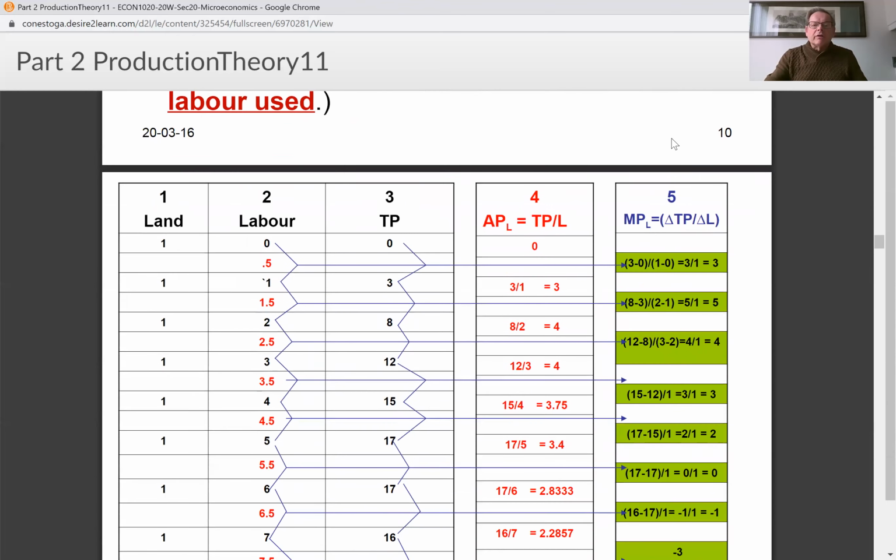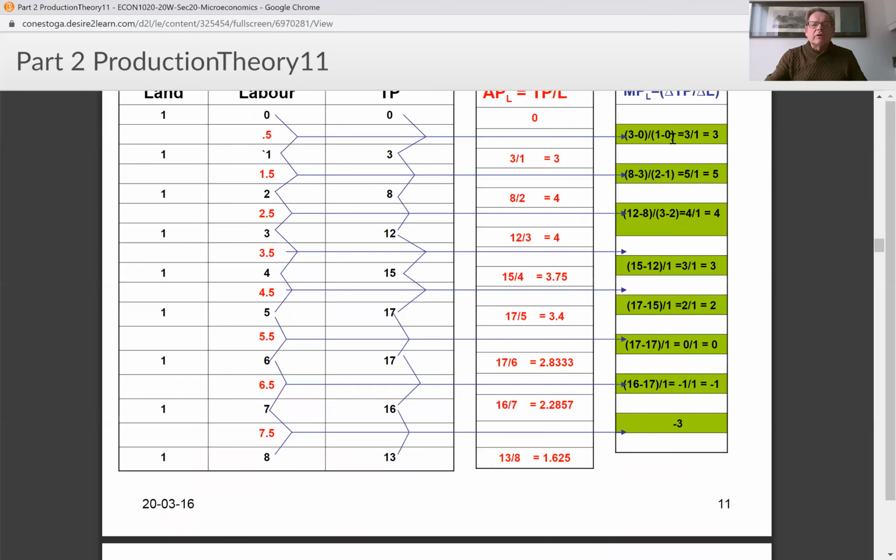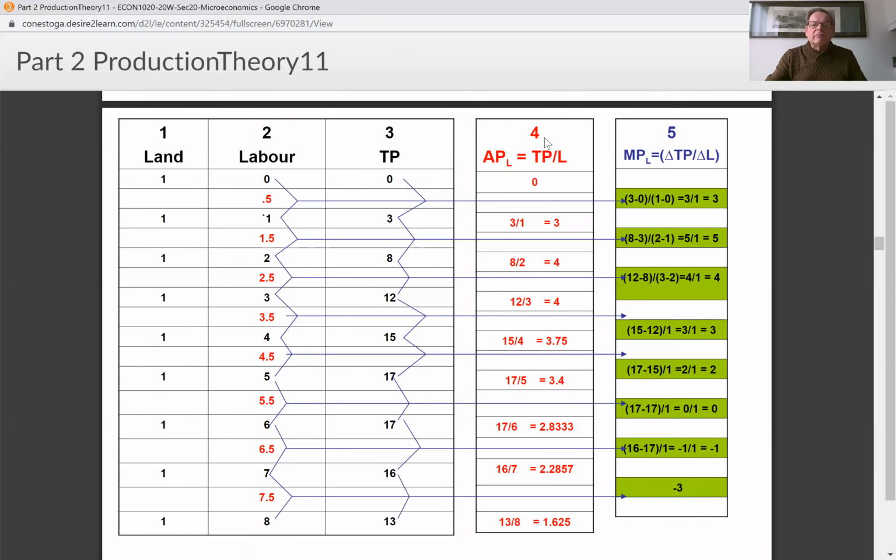So here's our table as it looks. The average product of labor, as indicated, is your total product divided by labor, and your marginal product of labor is the change in total product divided by the change in labor. So here it is, just 3 divided by 1, 8 divided by 2, and so forth.